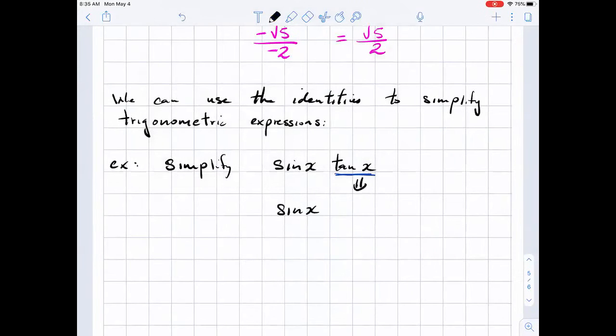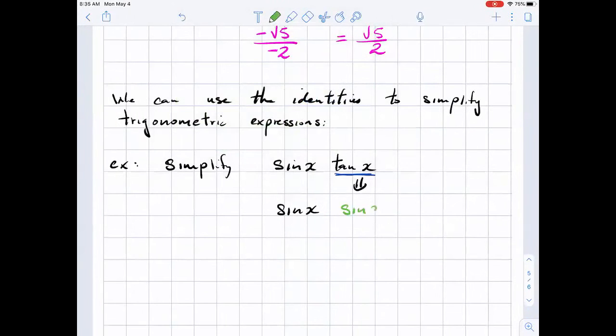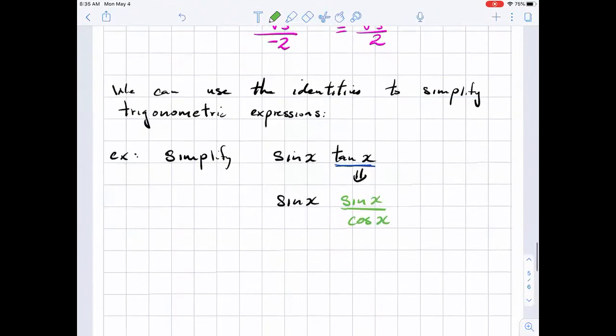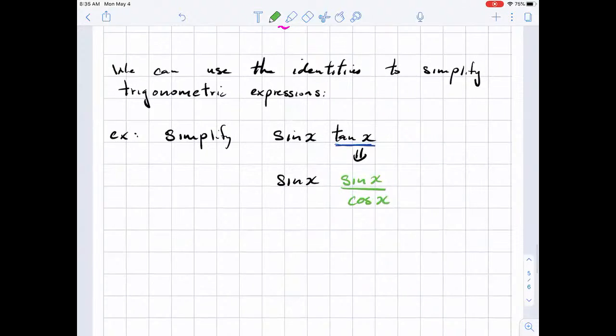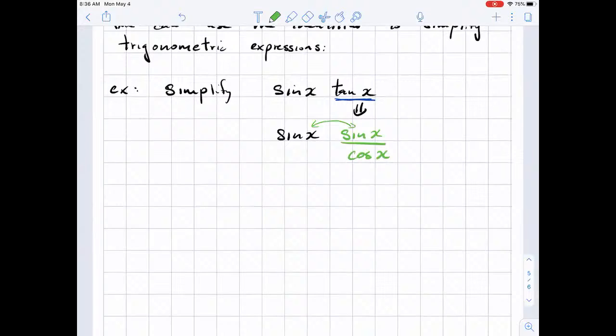But we know that tangent of x can be rewritten as sine x over cosine x. If you multiply sine x times sine x, that becomes sine squared x over cosine x. That's all I can do with this one here.